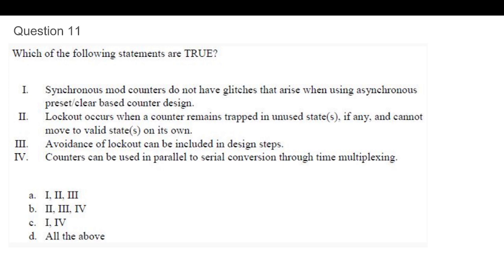Next question. Which of the following statements are true? Synchronous mod counter do not have glitches. We have in asynchronous circuits. This is true. Lockout occurs when a counter remains in unused state. Okay, so lockout means if we have any unused state, say in mod 5 counter, this is a 6th state. So this is unused state.